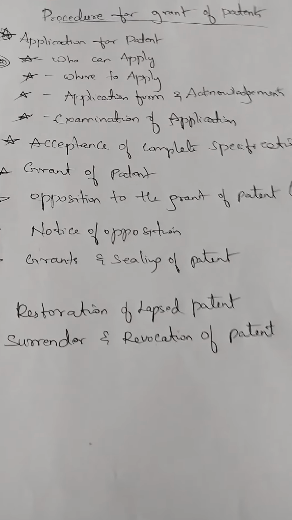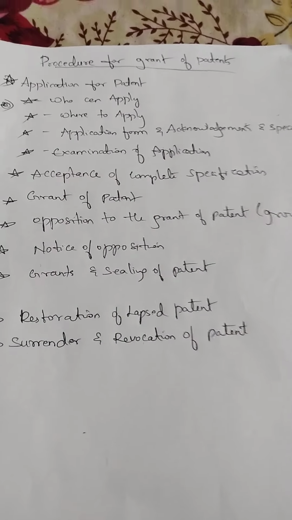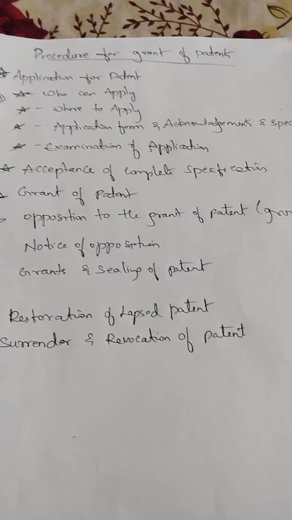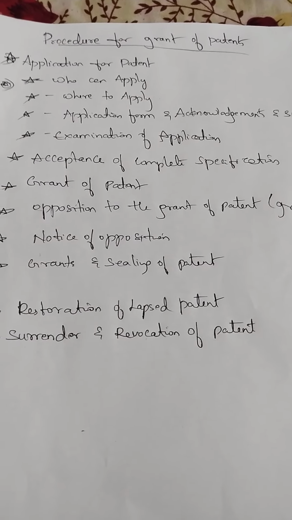Now the next process will be examination of the application form. So now the patent office should examine the application form. So what are they going to do, or how are they going to examine?